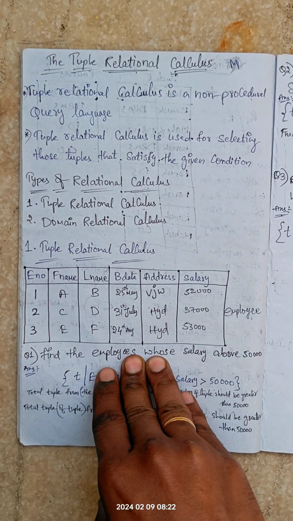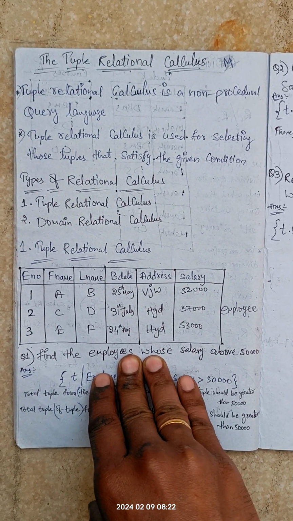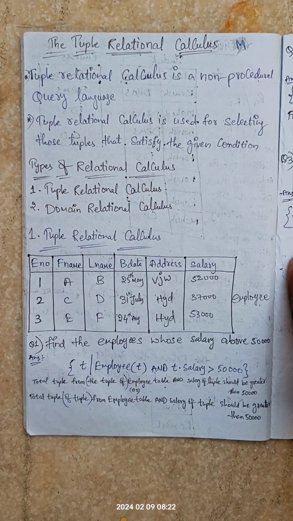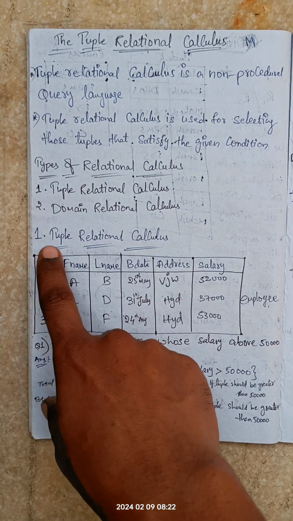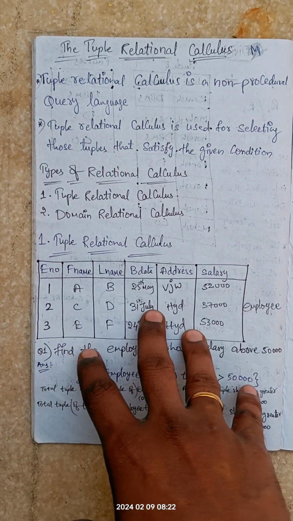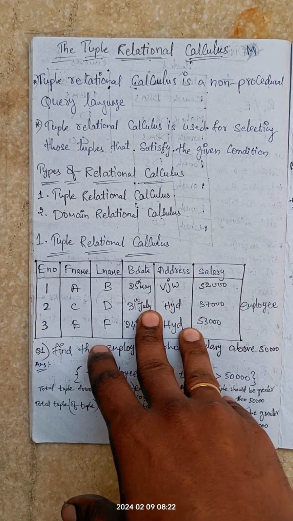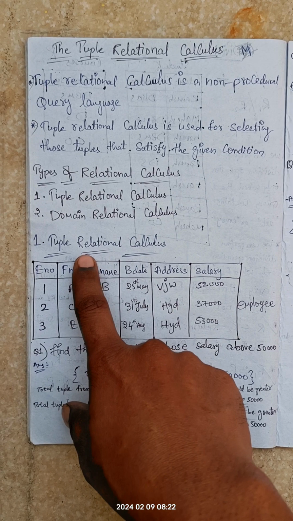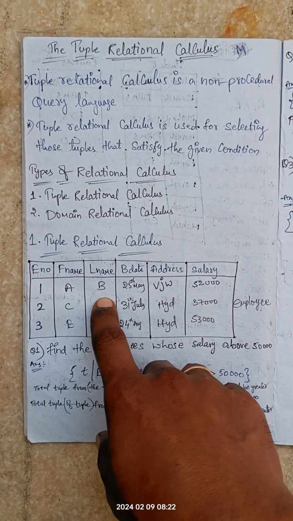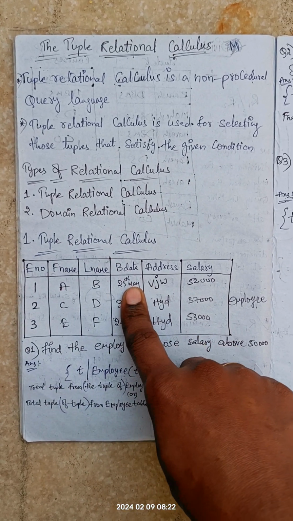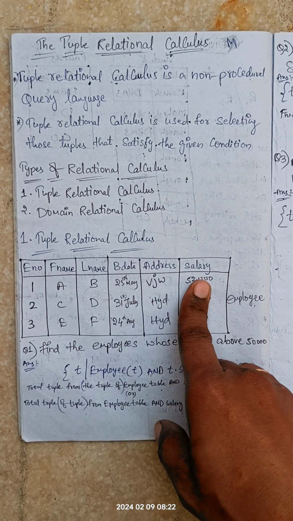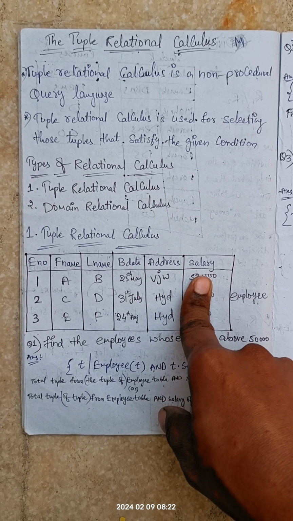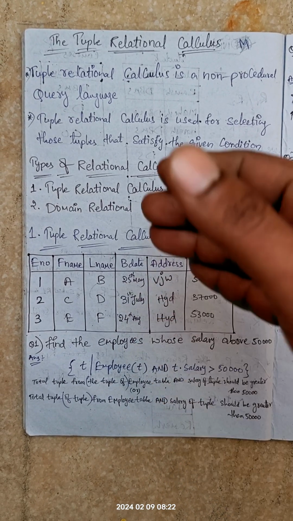In almost all companies, they maintain the employees' data: how many employees are working in their company, what their employee number is, what their first name and last name are, what their date of birth is, what their address is, what their salary is. So if 100 employees or 1000 employees are working in a company, they will maintain the data of all 1000 employees.